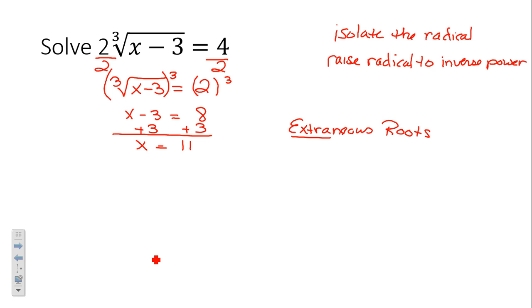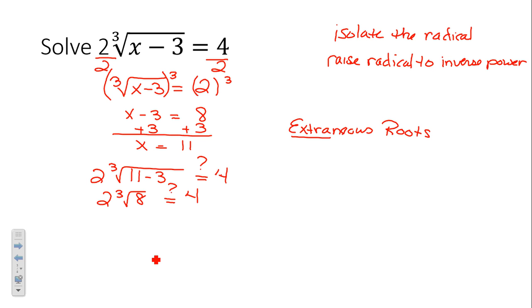So when we put 11 back into the original equation, we would have 2 times the cube root of 11 minus 3. Is that equal to 4? So inside the radical, 11 minus 3 is how much? 8. 2 times the cube root of 8, is that going to be equal to 4?